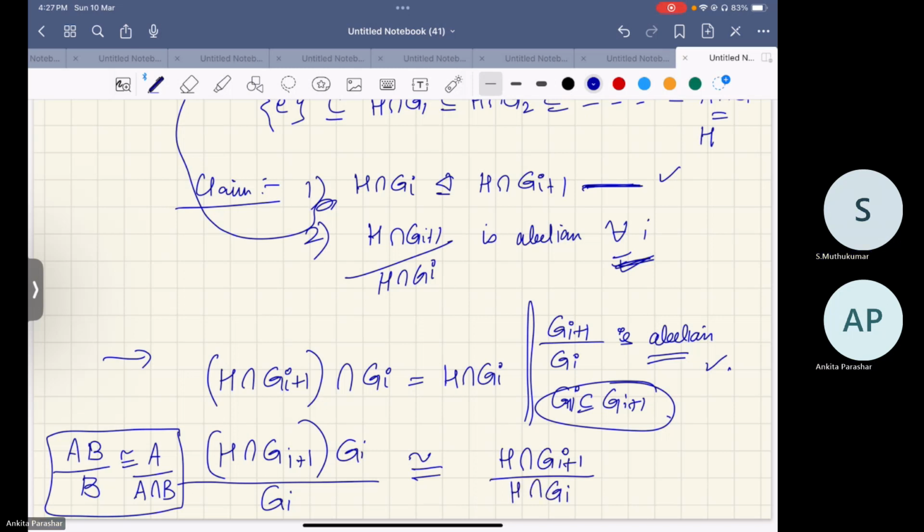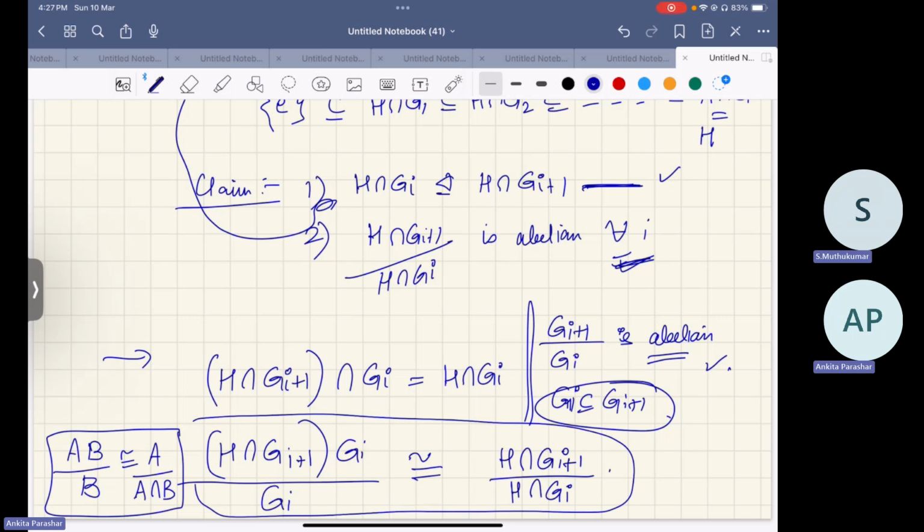This quotient you have to realize like this. This is the important fact, by the second isomorphism theorem. You agree, right? Yes.